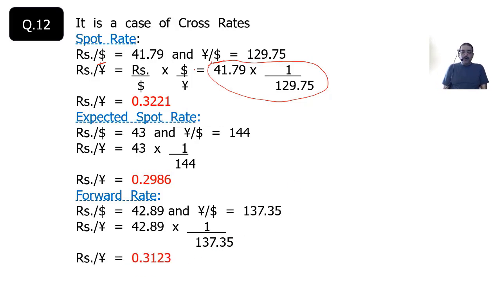So I get 0.3123. So my first job is to calculate the spot rate, expected spot rate and forward rate. Now if no hedging is done, the combination is spot rate and expected spot rate. If hedging is done, the combination is spot rate and forward rate. That is why I require all those three rates first. Okay, so let us do the first part.